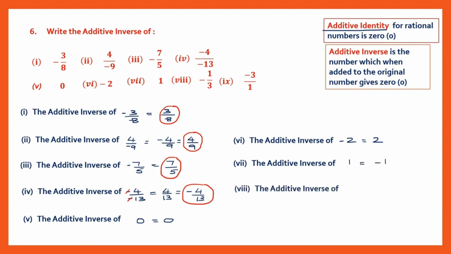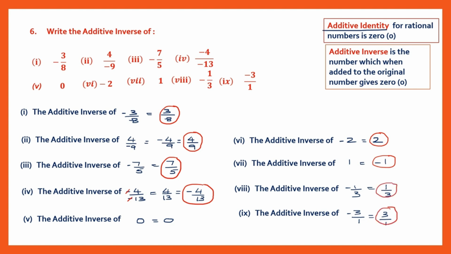Next one, the eighth one is minus 1 by 3. It's negative, so now this becomes positive 1 by 3. And the last one, the additive inverse of minus 3 by 1 will become plus 3 by 1, or 3 by 1. So these that are circled here in red are the additive inverses of these rational numbers.